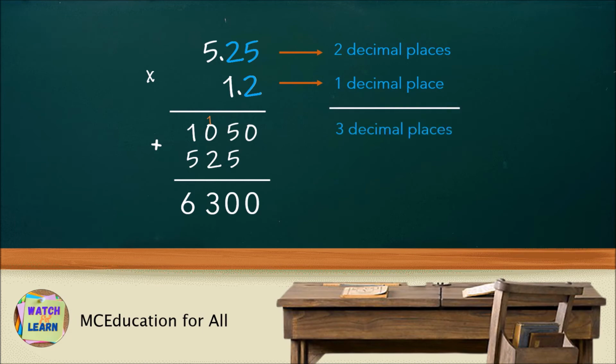So from the right, count 3 places to the left. 1, 2, 3. Place the decimal point, then drop the trailing zeros in the resultant product. Therefore, the final answer for 5.25 times 1.2 is 6.3.